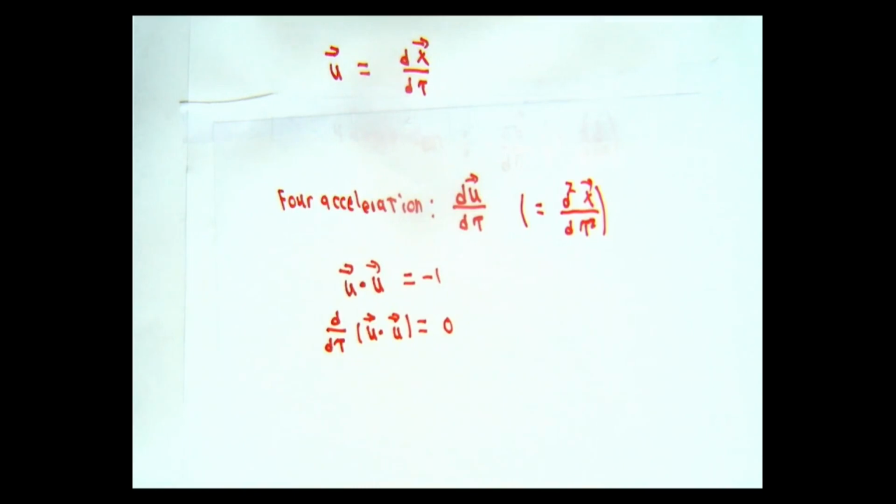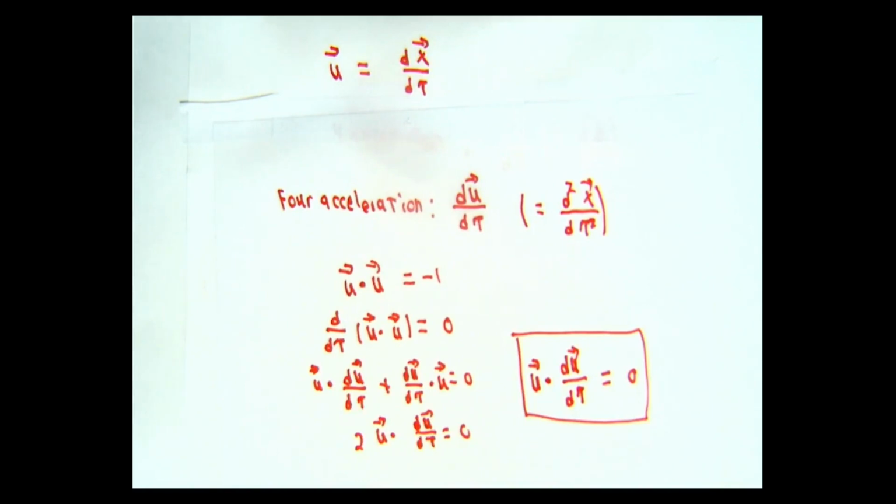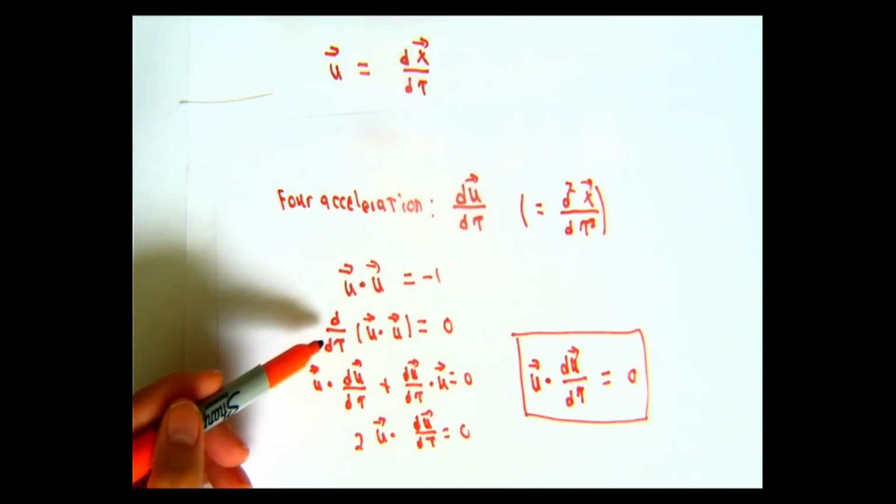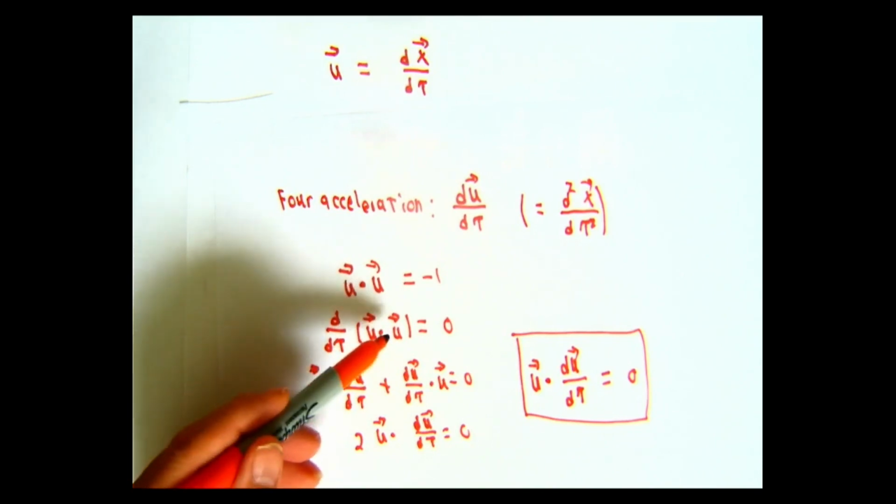It'll be helpful to make an observation here. U dot U is always -1. It's a 4 velocity. The derivative with respect to any variable, in particular proper time, of U dot U must be 0, because that's the derivative of the constant -1. Now, I haven't proven this, but it's not difficult to see. The usual kind of product rule works for the Minkowski dot product.